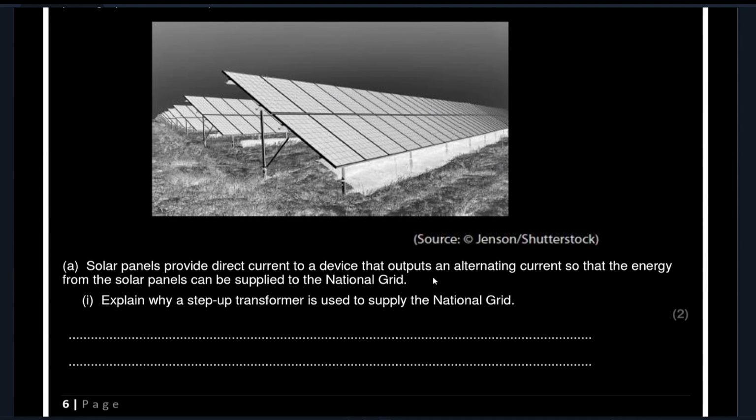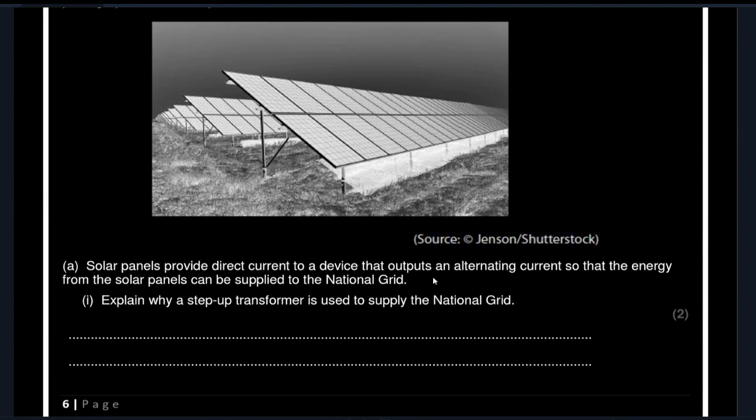In the first place, you need to understand what we mean by the term step-up transformer. So before I mention what we mean by step-up transformer, let me say that in the national grid, remember, electricity is transmitted from the power plant, the plant of generation of electricity, to very distant towns where it's being used, or where the consumer makes use of the electricity.